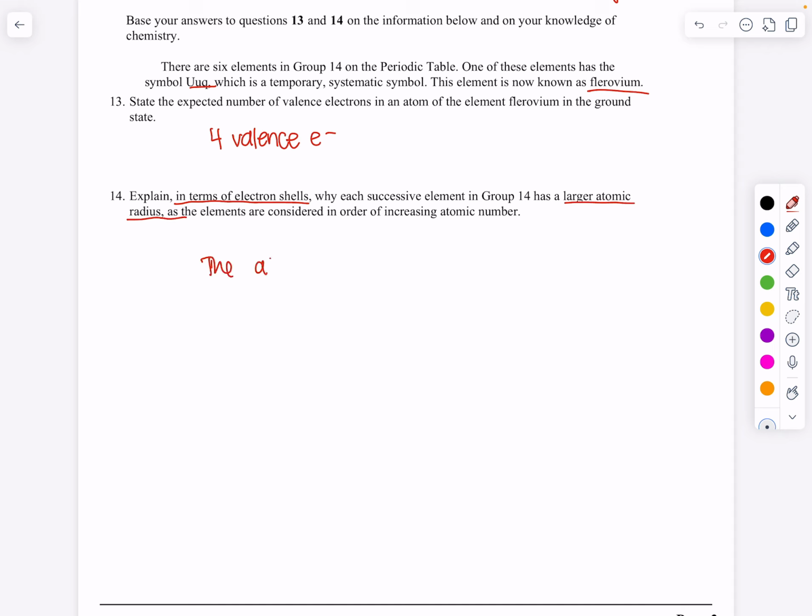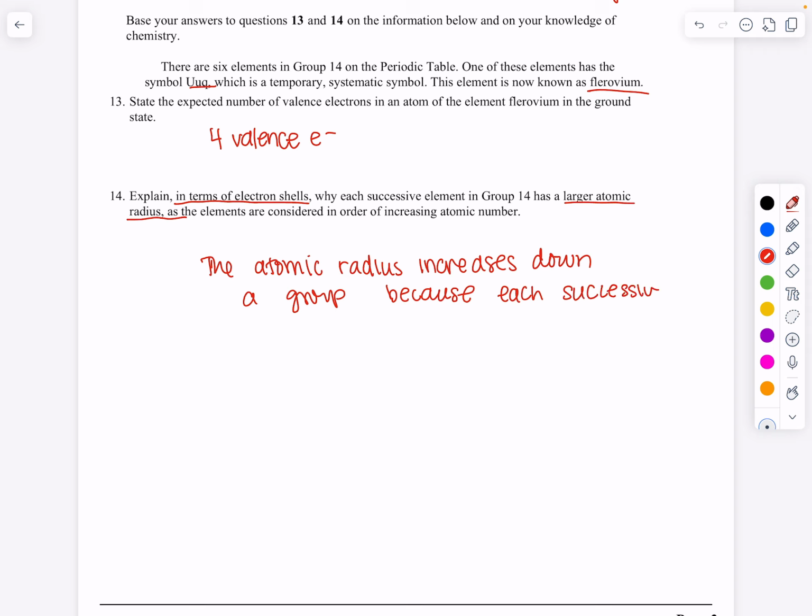The atomic radius increases down a group because each successive element has one more electron shell.